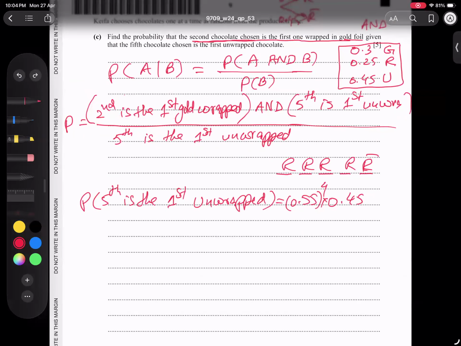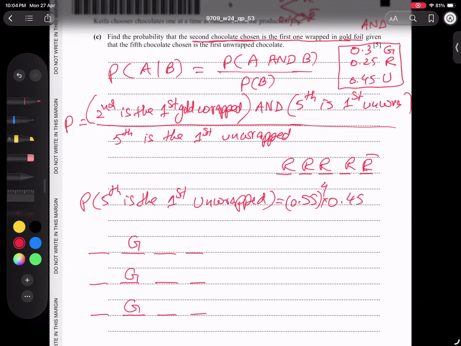So look, students, 1, 2, 3, 4. I don't know how many options, let's try 2 at least. So he said the second attempt is the first gold. So I'm writing gold wrap here, gold wrap here. I'm not sure how many options, let's say 3 options.